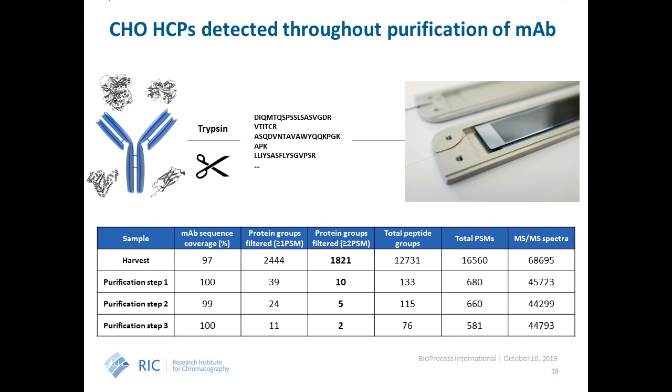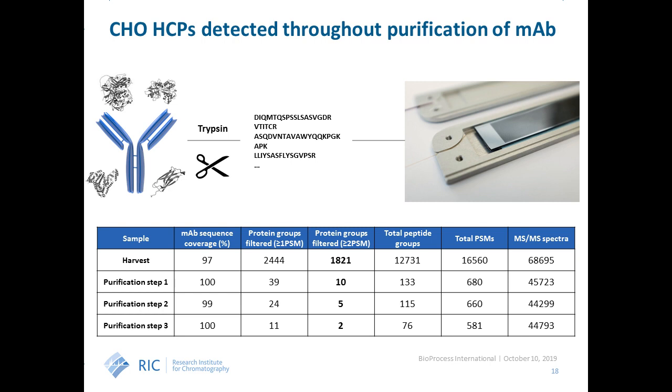So these are 1,812 confidently identified proteins. And what we see is that throughout the purification process, we have a very nice clearance of these host cell proteins, and in the last purification step, the number of host cell proteins could really be reduced to only 2.